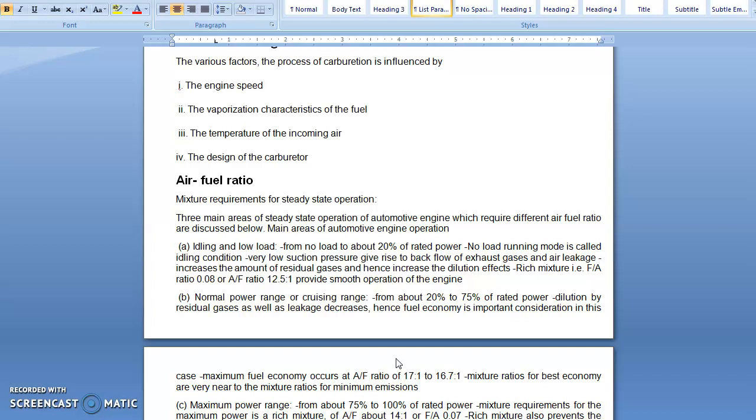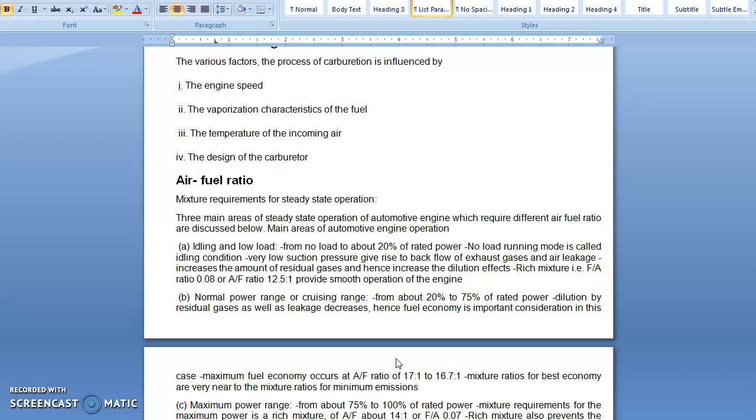Basically, in experiments it has been observed that for starting, the air-fuel ratio required is 9:1, which is considered a rich mixture. And for idling, the ratio changes to 12:1, and it is a lean mixture.